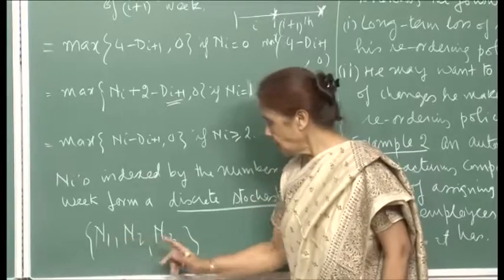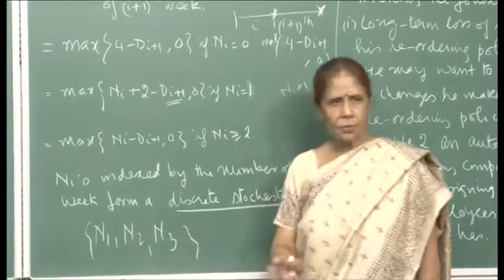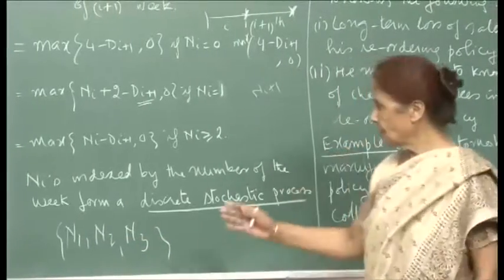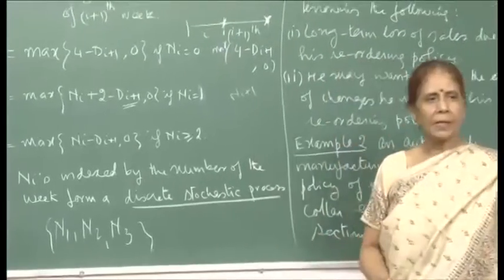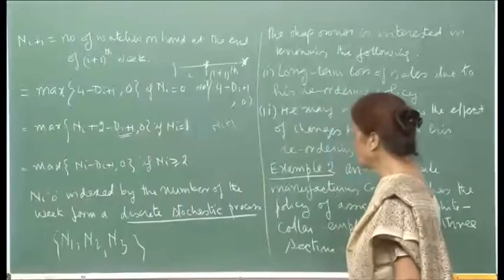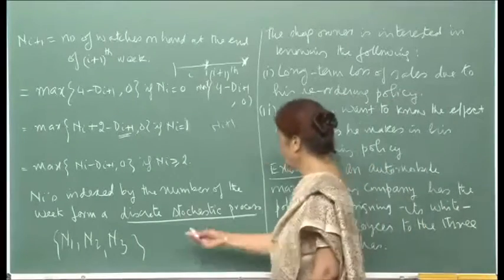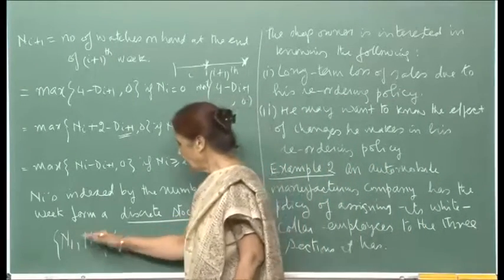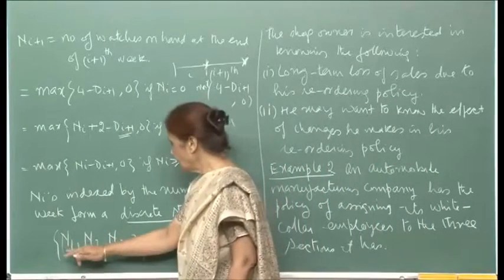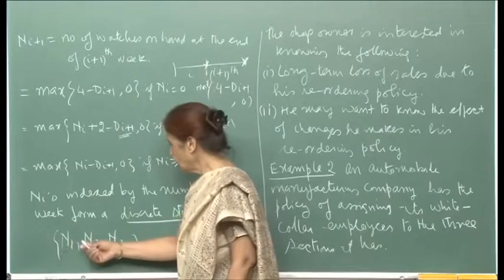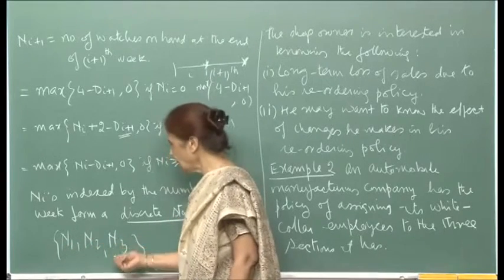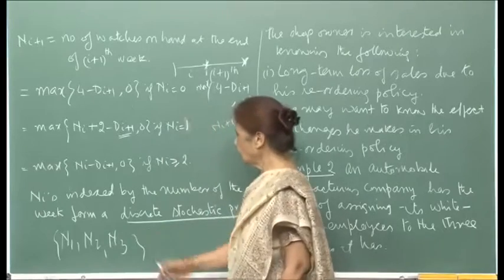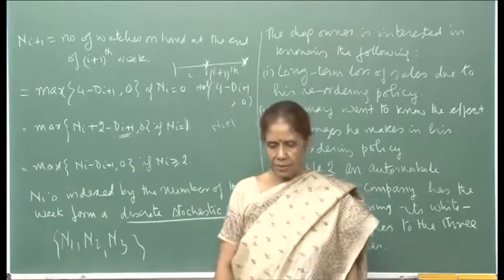So N_1, N_2, N_3, and the unit of time can be anything. Here it is a week, it could be a month, it could be an hour or whatever it is. And therefore the word discrete. So this is a random phenomenon which is being indexed by discrete time periods, and therefore we will call this a discrete stochastic process.